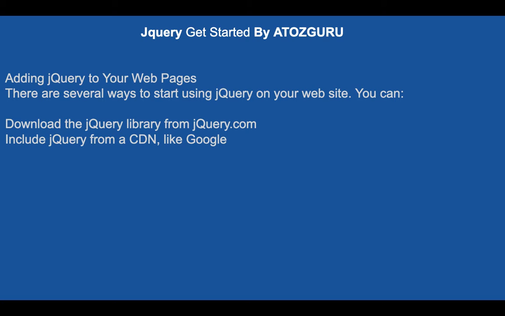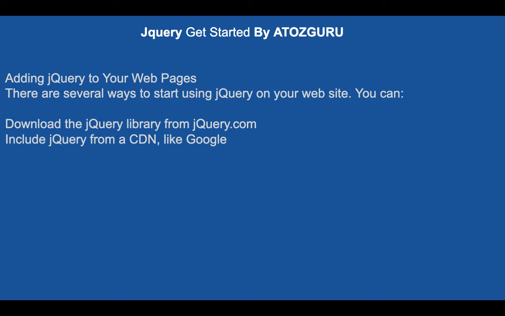So like that you have to include it. Whenever you download that file, some default name will come, like jquery dot min something. I'll show you. So you need to include that.